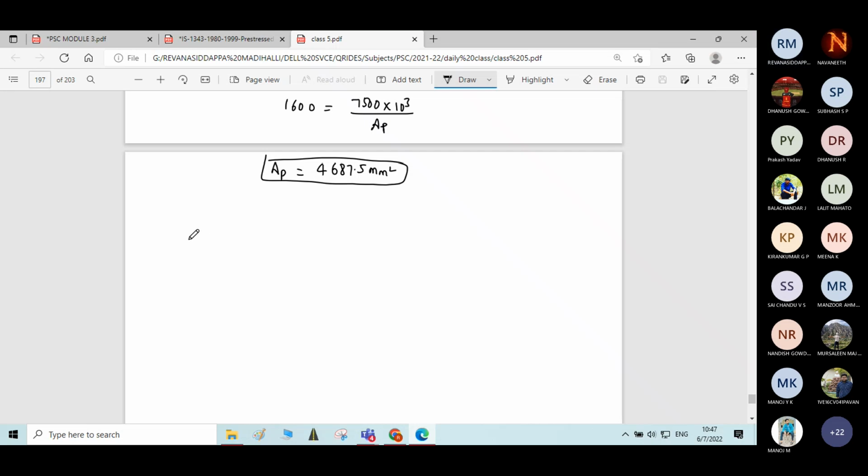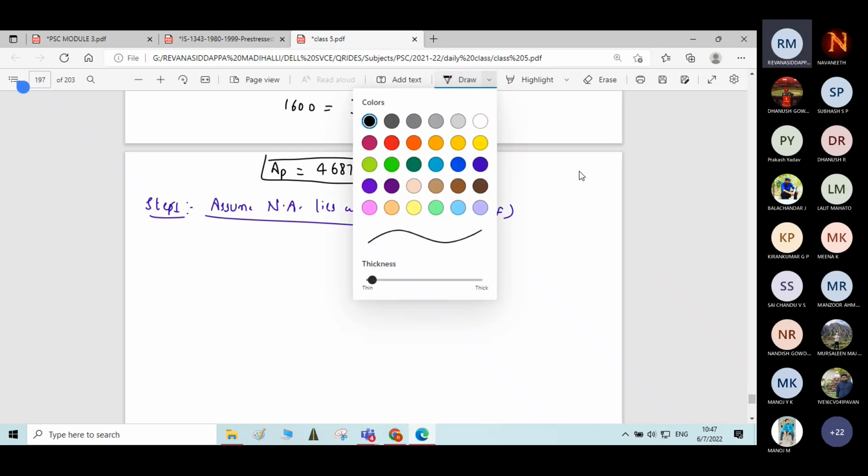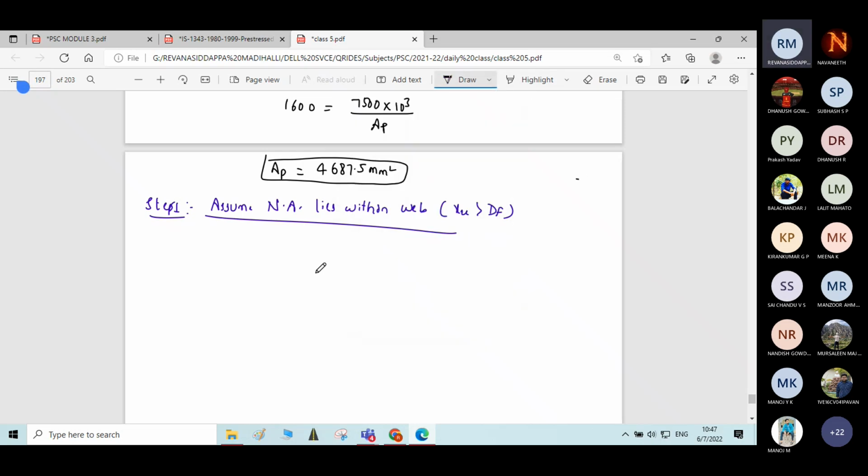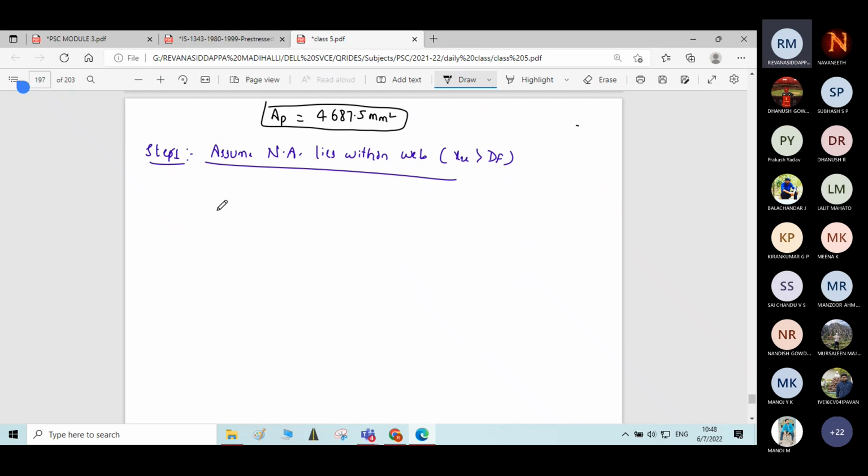Now, I will directly assume the neutral axis lies within the web, that is xu is greater than Df. I will directly assume the second case. You can assume any case. If it holds good, you perform the moment of resistance. Otherwise, you go for the other case. That is what we have to follow here.